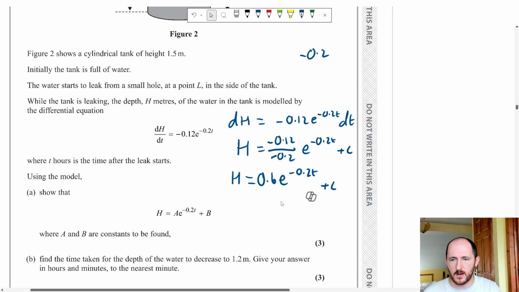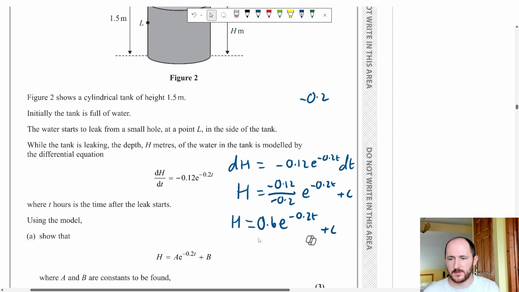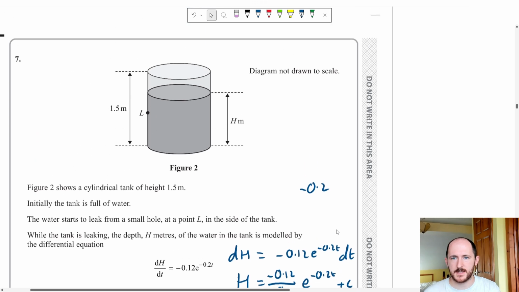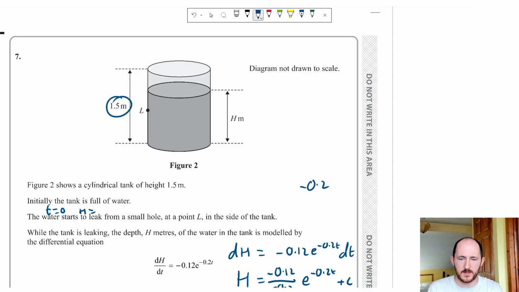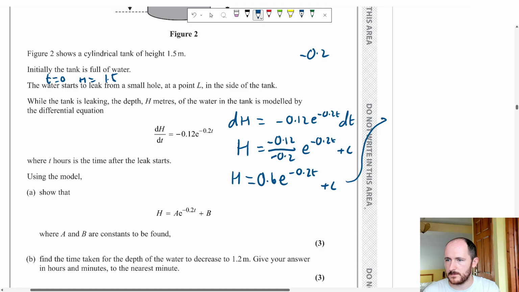Now, what do we know about this equation so that we can sub something in to work out what plus c is? Well, we know that it's initially full of water. Initially meaning t equals 0. The height would be the full height of the tank, which is 1.5. So let's sub that in. So t equals 0.